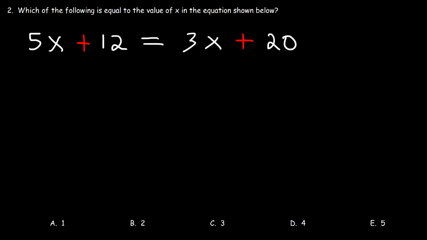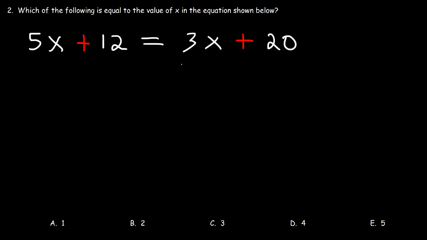Number 2, which of the following is equal to the value of x in the equation shown below? So whenever you need to solve an equation, your goal is to get the variable by itself on one side of the equation. Everything else, move it to the other side. So let's focus on getting the x variable on the left side of the equation.